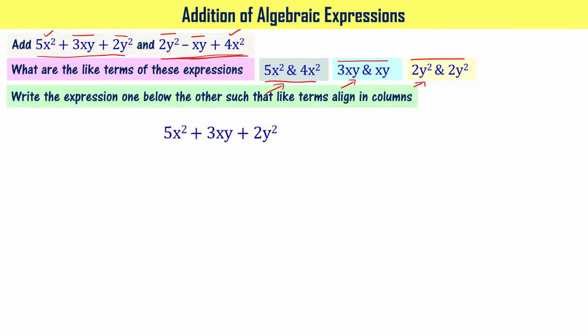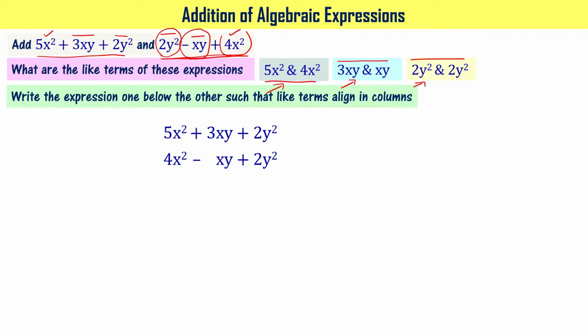It means the first expression I am writing as is, 5x square plus 3xy plus 2y square. When it comes to the second expression, I have to write 4x square first, right? Then the xy term, minus xy, then comes 2y square, right? Let's write that now. 4x square minus xy plus 2y square.